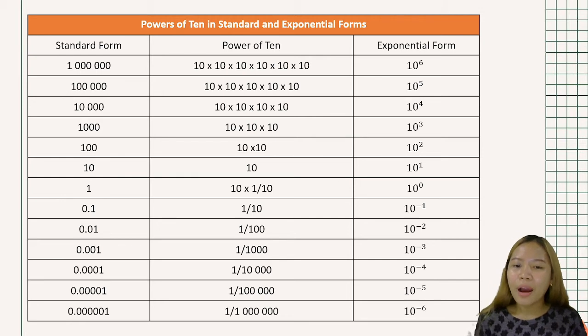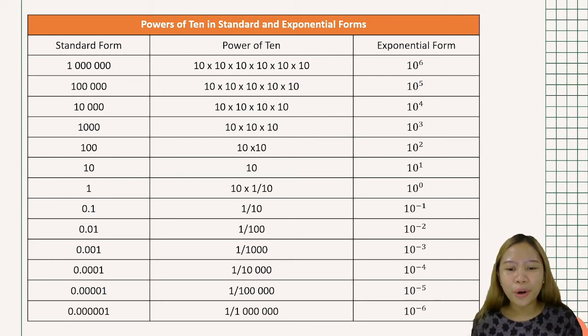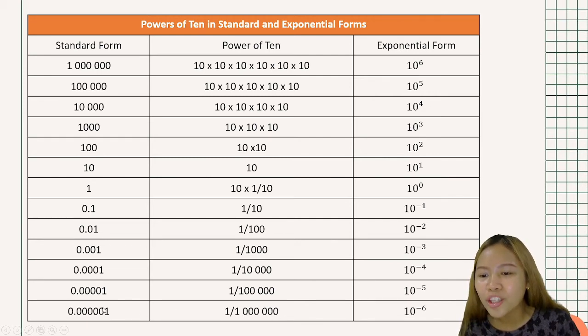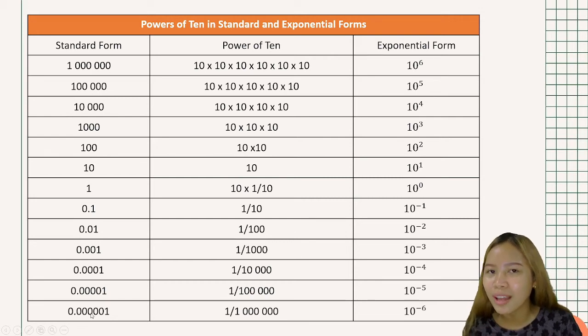Okay. Now, how about in the standard form? Please take a look here on the screen. If you take a look at the power of 10, we have here 6 zeros. So, the number of zeros is the number of places after the decimal point. Okay, so we have 6 zeros.